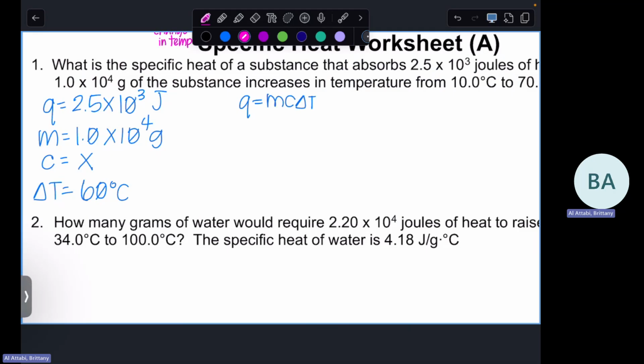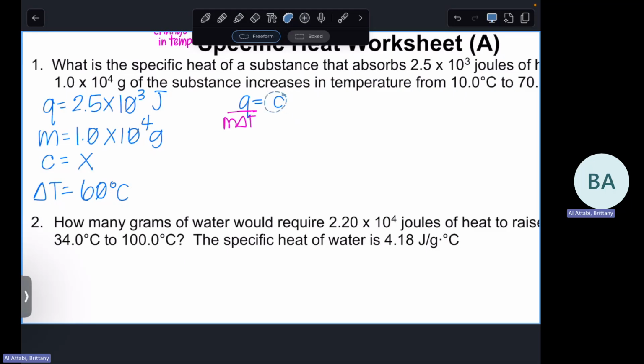How do I isolate c here? What math do I do? Divide by m delta T, the things that I'm trying to get rid of. So that will cancel those guys, and I'm left with c equals Q over m delta T.